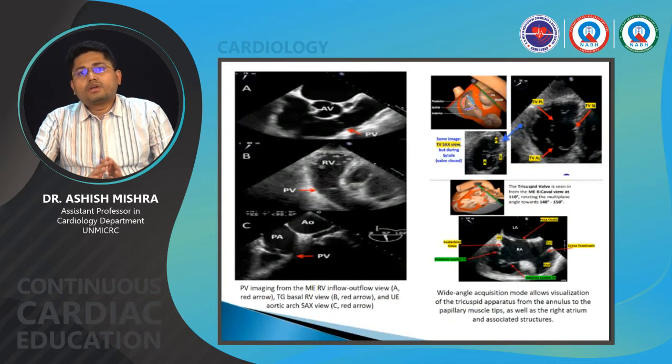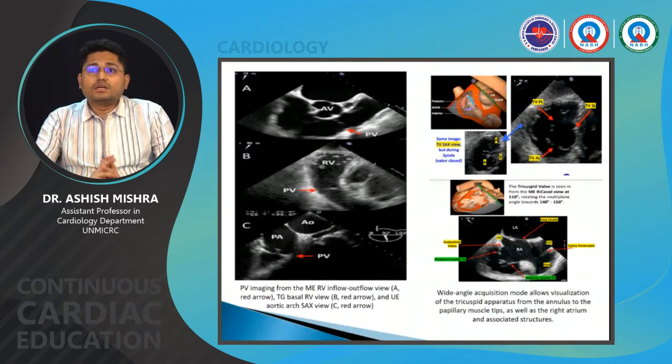Now with the advent of transcatheter tricuspid valve implantation, some of these views are important, and one should have the expertise to attain such good transgastric views to delineate all three leaflets, right? In fact, the anterior, posterior and the septal leaflets of the tricuspid valve.